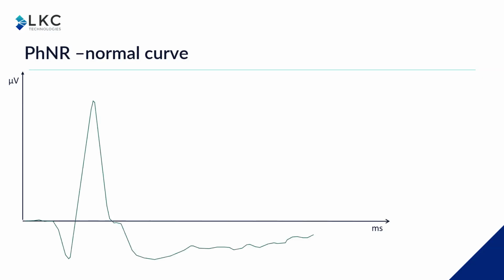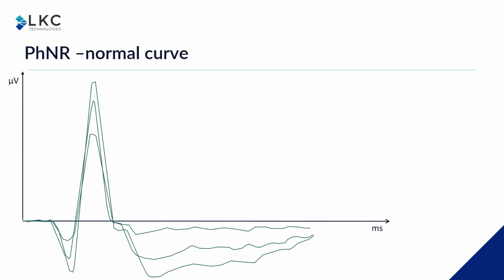Running this protocol, we generate three values: A wave, B wave, and photopic negative response. As we all know, we are different and have different curves, so we have reference data that marks 95% of the healthy population as green.